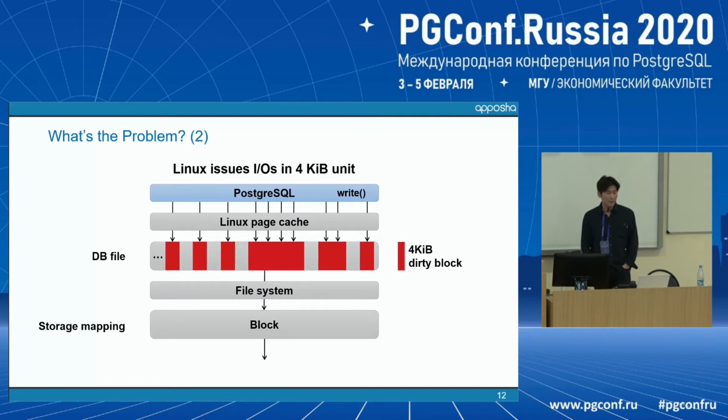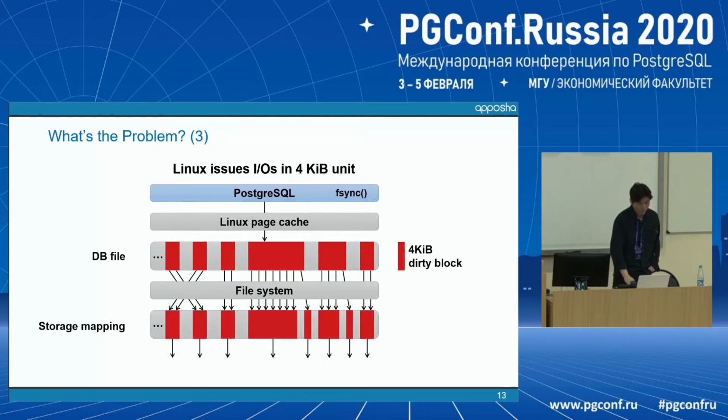So when PostgreSQL writes the dirty data to the Linux kernel, it writes in 8 kilobyte units, and it's first buffered into the Linux page cache. After that, when PostgreSQL issues fsync or fdatasync, it should go to storage, right?